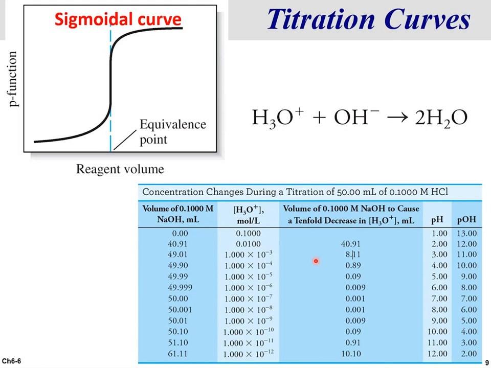It requires almost 41 milliliters of sodium hydroxide to be added to the 0.1 molar solution of HCl to increase the pH from 1 to 2.